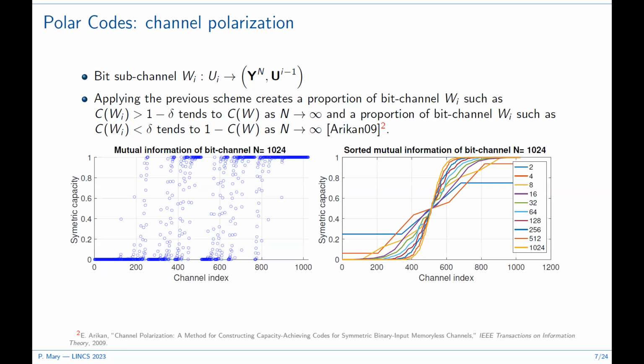And here on the right, we see the polarization effect of the channel, where the indices are sorted according to their mutual information. Okay, so the channel polarizes when N goes to infinity. It will go to a perfect Heaviside function.